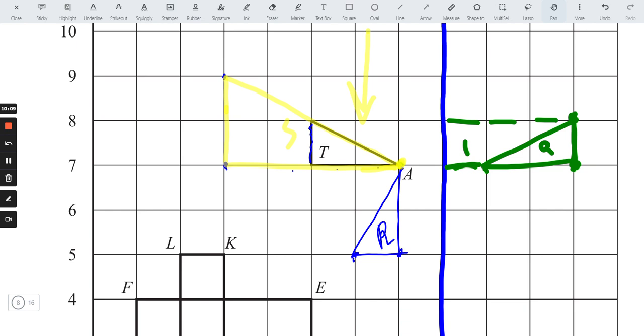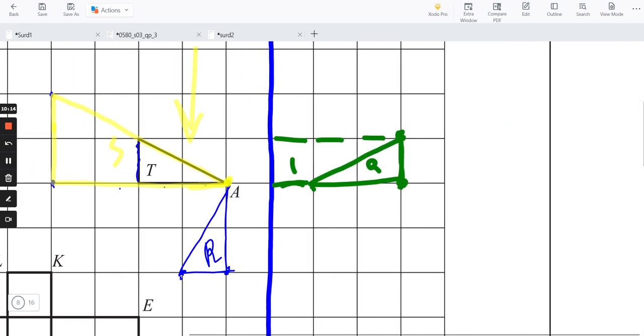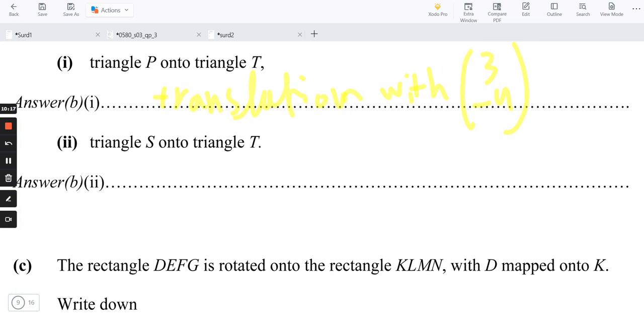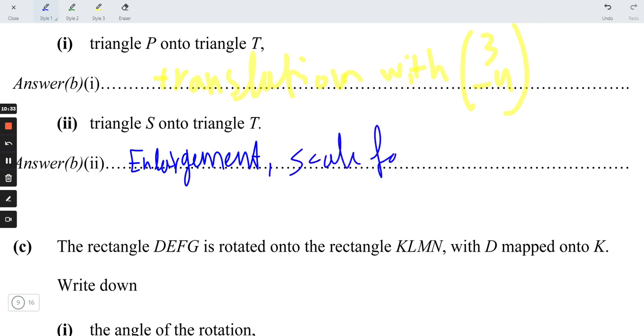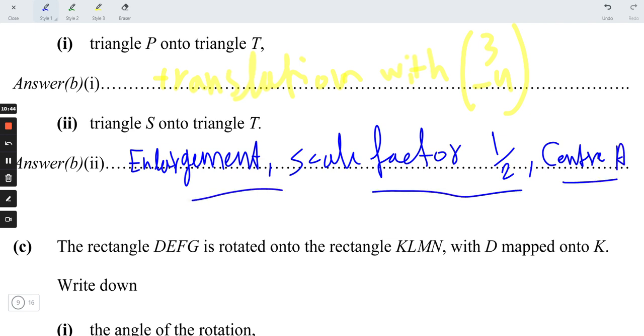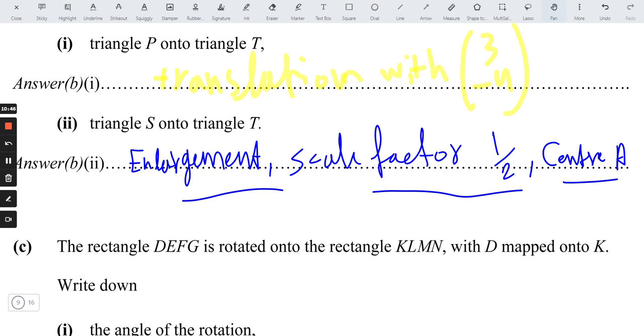So the scale factor is half, and the center is the same point A. So we should write this on our answer here, and we have enlargement with a scale factor 1/2 with center A. Important, these 3 points: the name of the transformation, the scale factor, and the center.